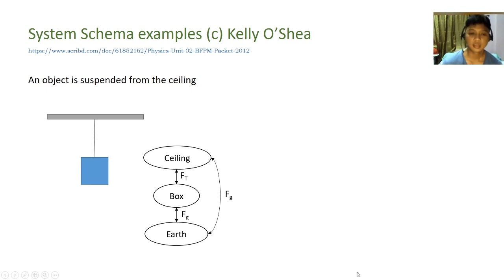Okay. Now, it's our time to choose the system. And if you remember from the previous slide, we choose our system by drawing a dashed line. And in this case, I just choose the box. And I hope you see that there are no internal forces in our system. Maybe there are microscopic ones, but not really from a macroscopic perspective. But there are external forces.